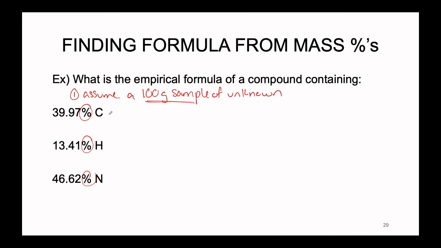So if we assume a 100-gram sample times 100 grams, what this is going to tell us is out of this 100 grams, what percentage of this 100 grams is carbon. It will also tell us what percentage of this 100 grams is hydrogen, and it will tell us what percentage of this 100 grams is nitrogen.